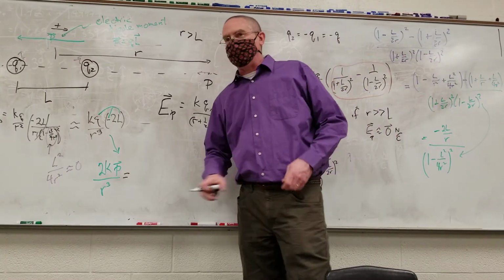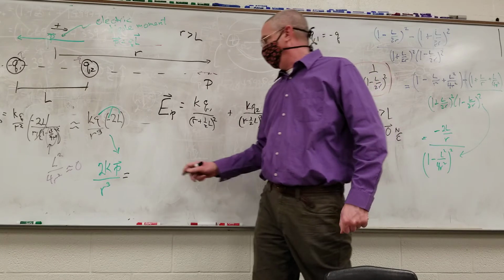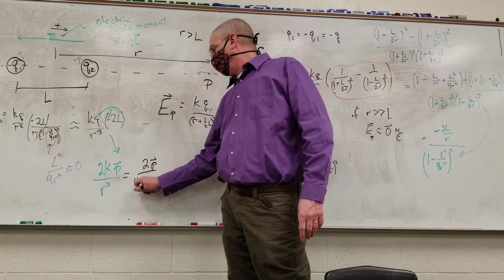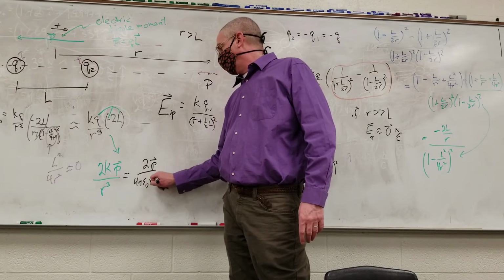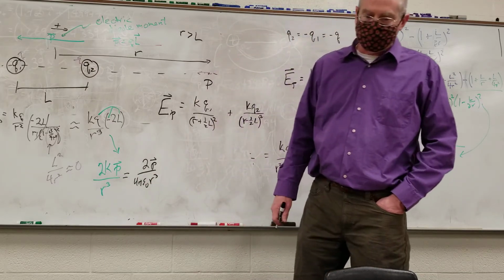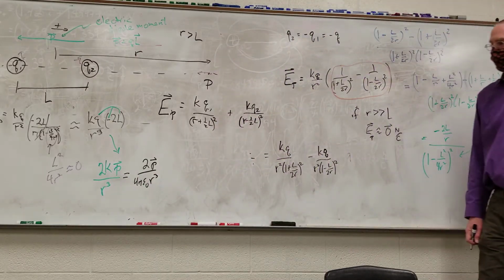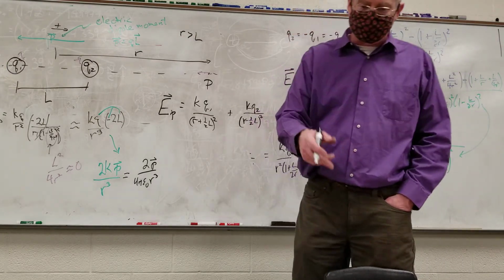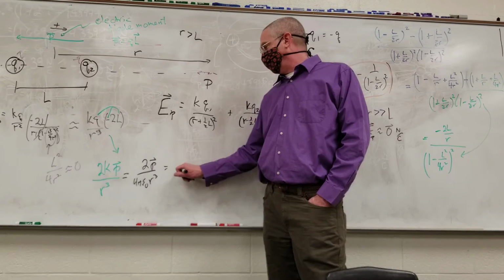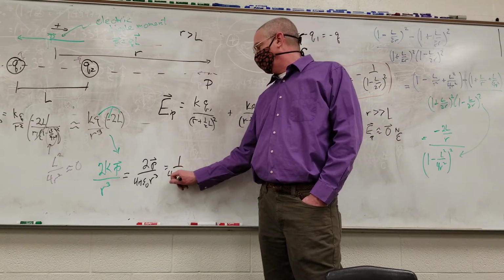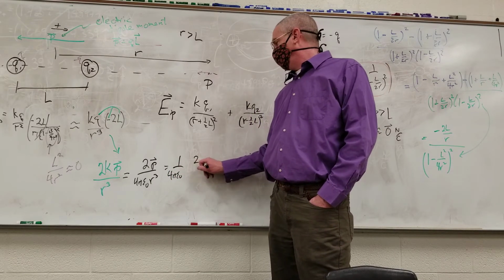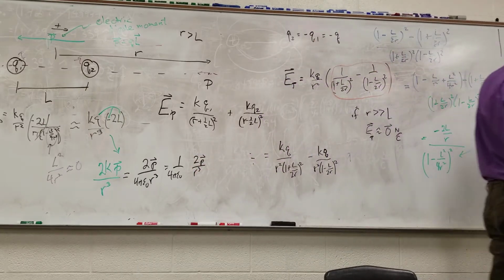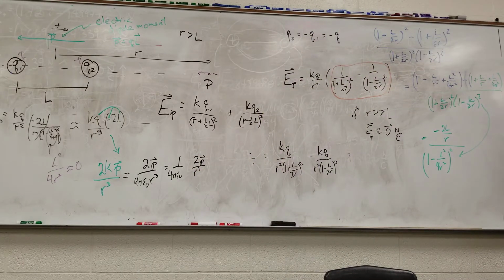Don't forget, k is equal to 1 over 4 pi epsilon sub naught, so I can write this as 2p over 4 pi epsilon sub naught R cubed. I could cancel out the 2 there, but in the flash sheet, it's written as 1 over 4 pi epsilon sub naught times 2p over R cubed. So the flash knowledge, that's the way it's written.